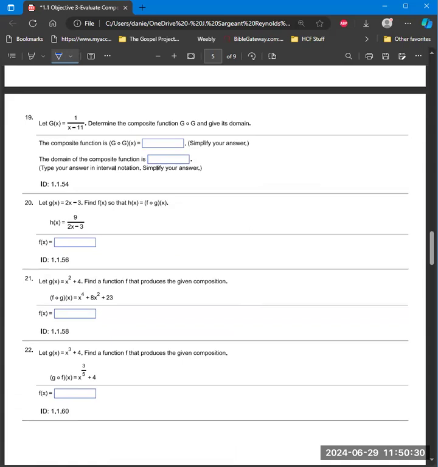Now let capital G be 1 over x minus 11 and determine the composition of capital G of capital G. 1 over x minus 11 minus 11, times x minus 11 over x minus 11. So x minus 11 over 1 minus 11x plus 121. x minus 11 over 122 minus 11x.